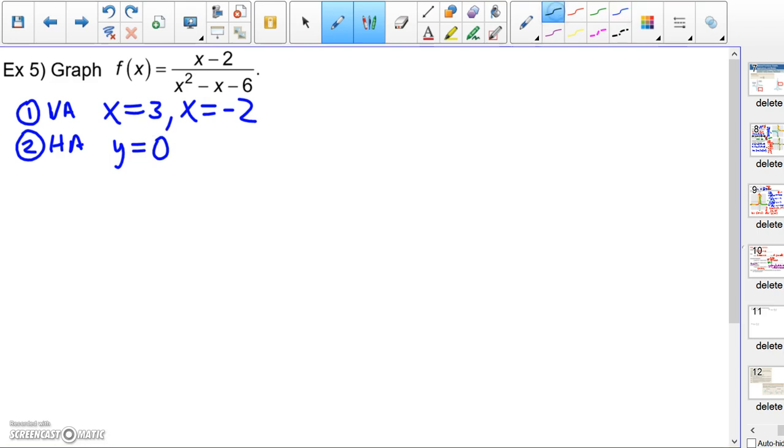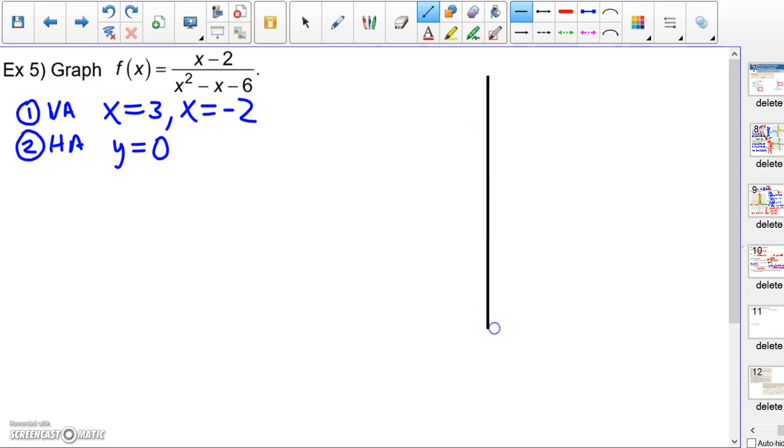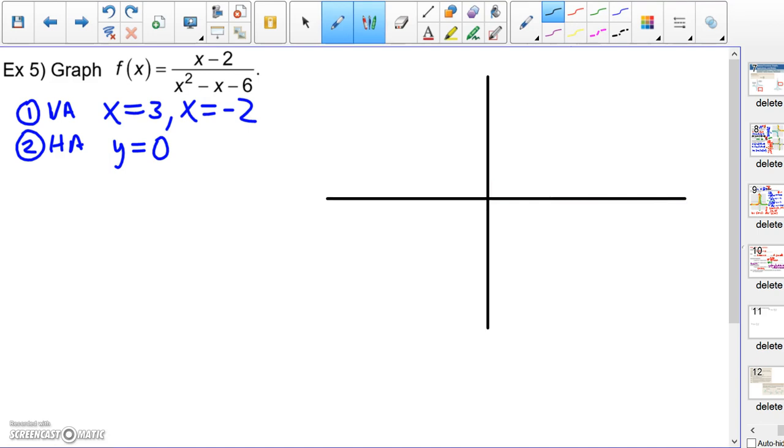So if I was going to draw this, it's kind of hard to draw freehand, but I wanted you to practice.